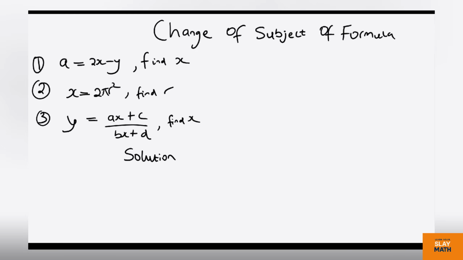For the first question, quite straight to the point, we want to make x the subject of the formula in the equation A equals 2x minus y. We need to isolate 2x.